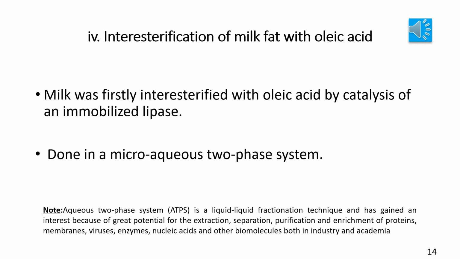So what is a microaqueous two-phase system? It consists of liquid-liquid fractionation techniques and has gained interest because of its great potential for extraction, separation, purification, and enrichment of proteins, membranes, viruses, enzymes, nucleic acids, and other biomolecules, both in industry and academia.